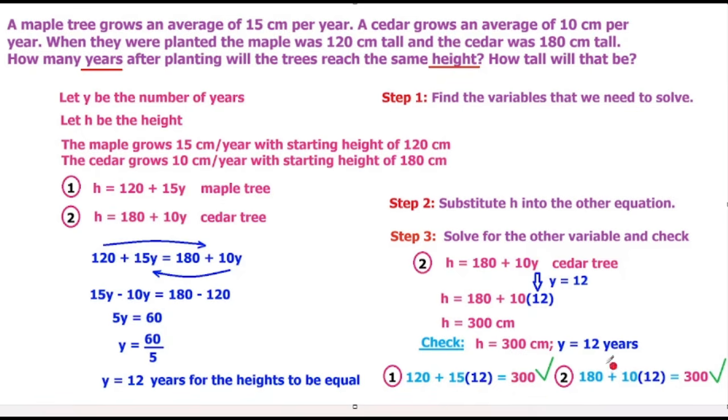And then for the cedar tree, it's 180 plus 10 times y equals the height, which is 300. And that's correct as well. So to answer the question, the trees will reach the same height after 12 years, and the height will be 300 centimeters. And that's it.